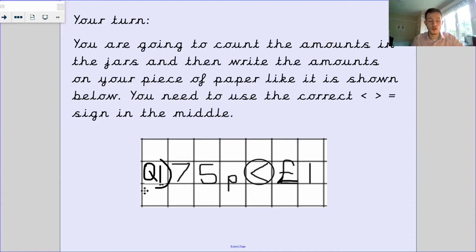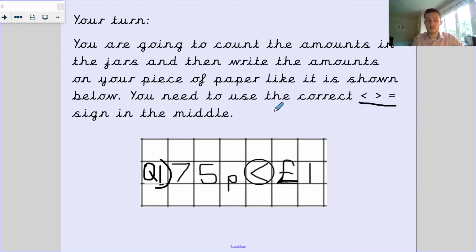So question 1, how much is in one jar? So in one jar was 75p. Then in the other jar, you've got a pound, 75p, and you leave a gap, and then you write your next jar, a pound. And in that gap, I've then written in my more than, less than, equals to sign.